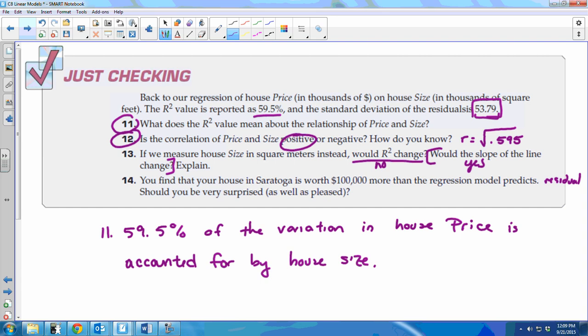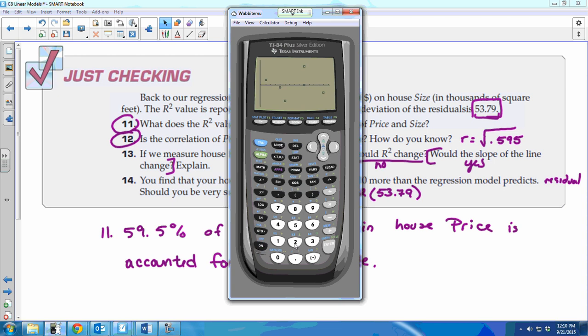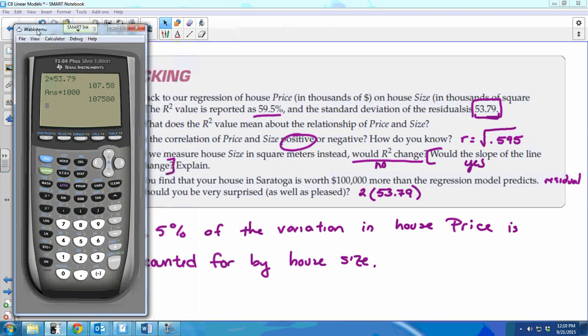So if I do 2 times the standard deviation of the residuals, 53.79, I get 107.58. This is in thousands of dollars for price, remember that? So times 1,000. Then 2 standard deviations above the mean in the residuals would be $107,580.